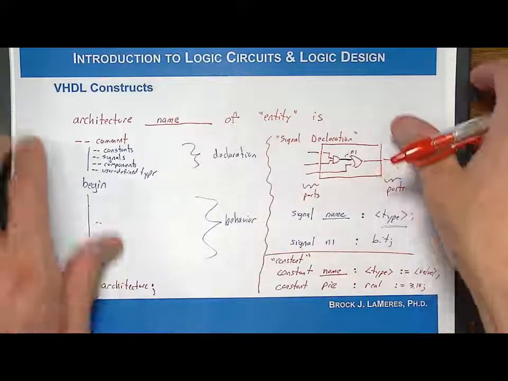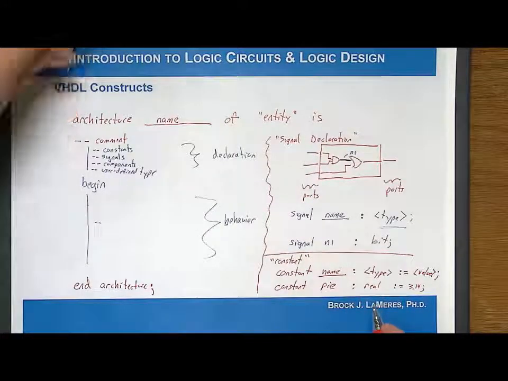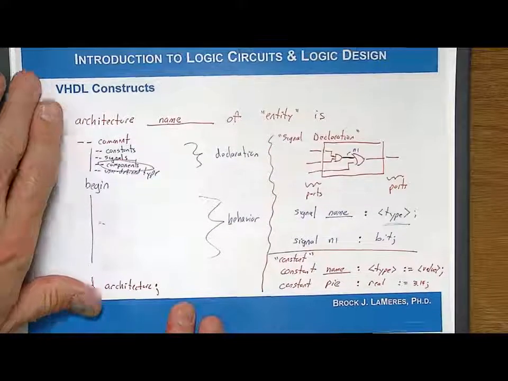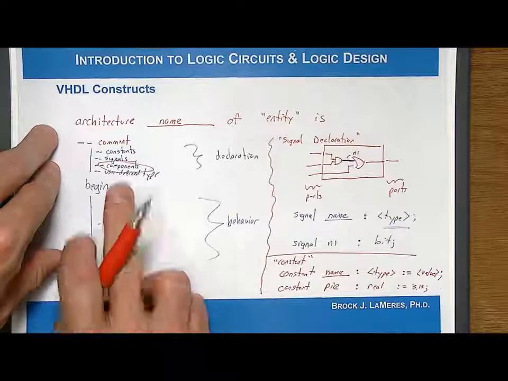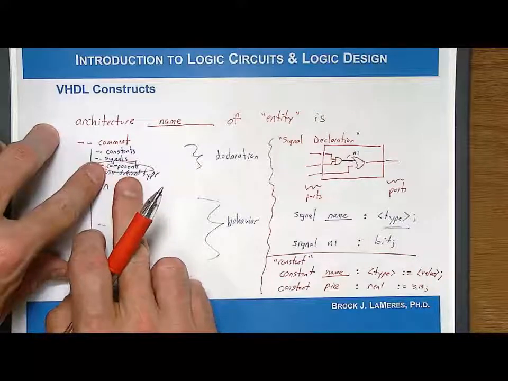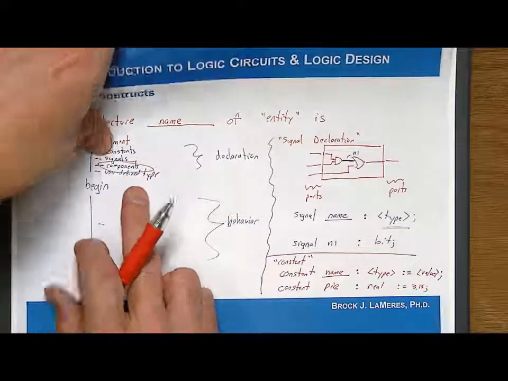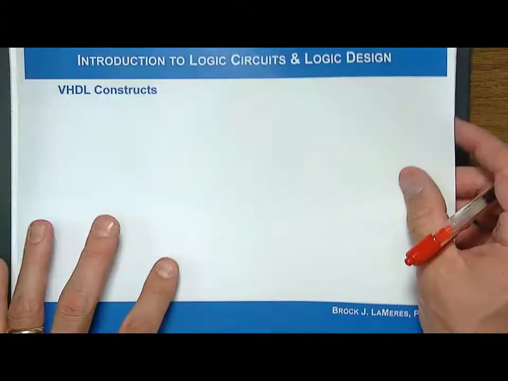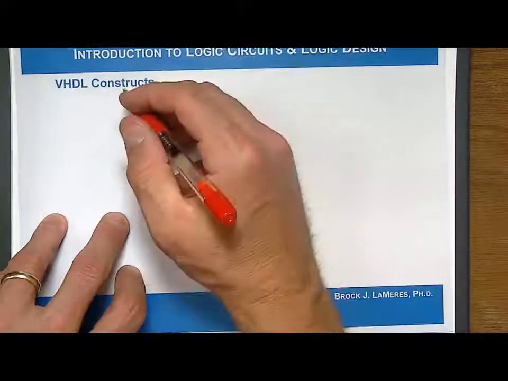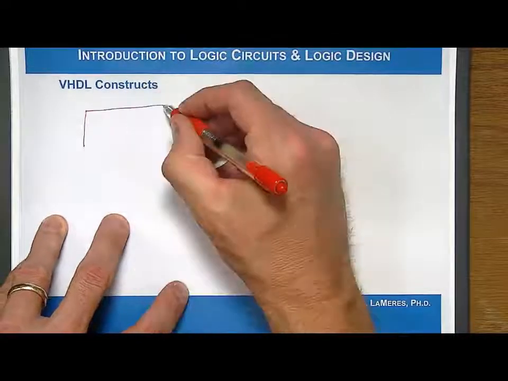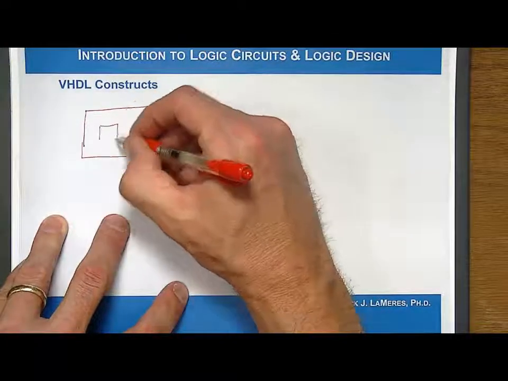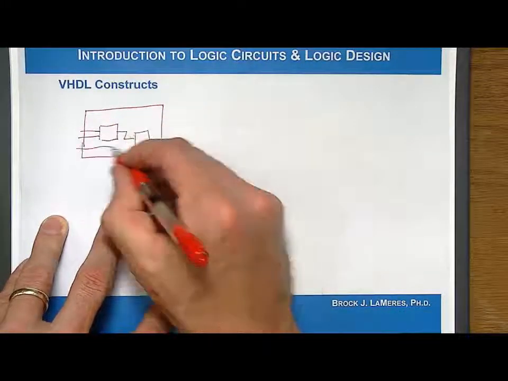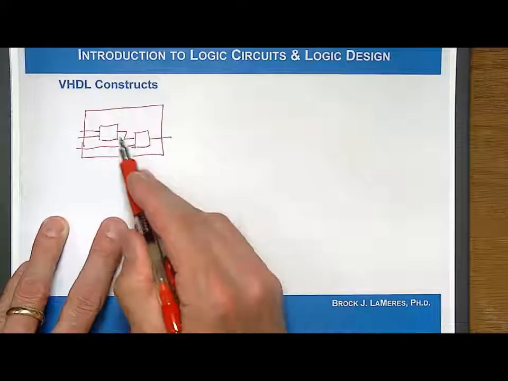Okay, then you can also declare what are called components, and components are very important because they are other VHDL files that you want to include in this particular VHDL file. That becomes very important when you do what they call structural design. So if I said I want to have a system that is going to be made up of a system and then another system, and I'm going to wire these together like this, these might be other VHDL systems.